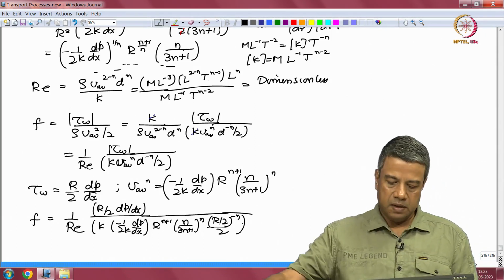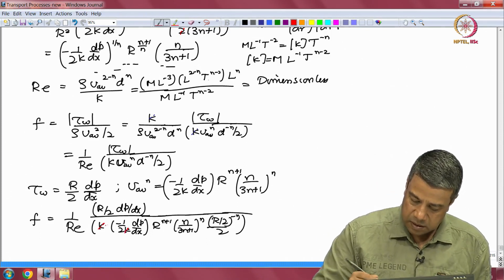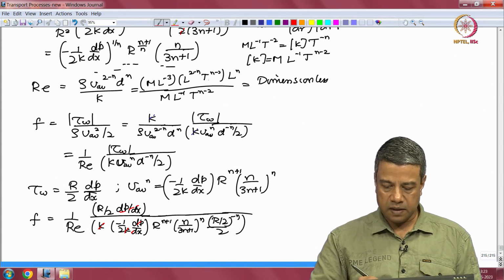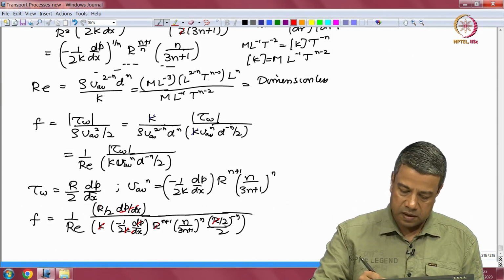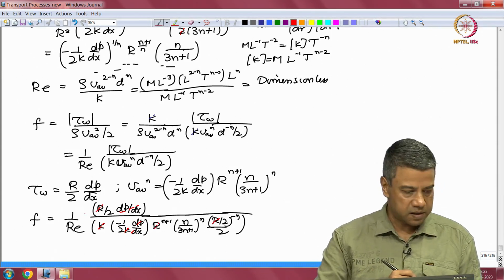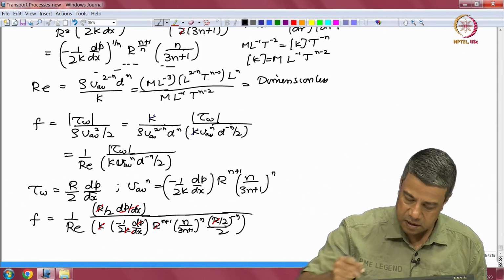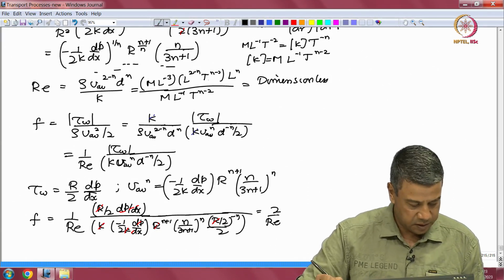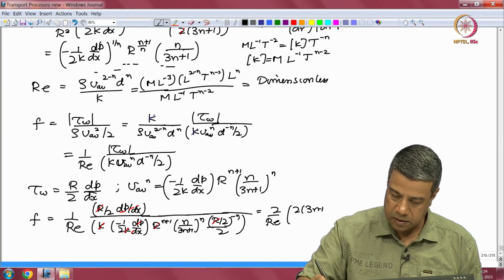And you can easily verify that the factors of k will cancel out, the factor of dp by dx will cancel out, and all factors of r will also cancel out. I have r power minus n here, n plus 1 here, and r here. So, all of those will cancel out. And I will finally get this is equal to 2 by R e, into 2 into 3n plus 1 by n power n.